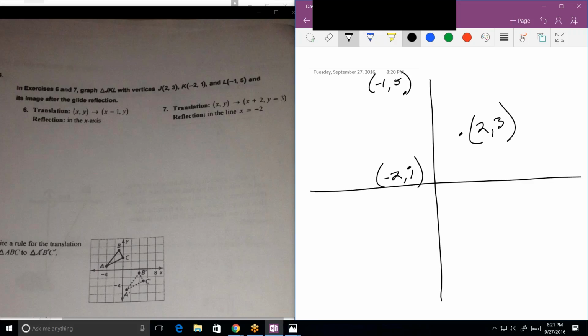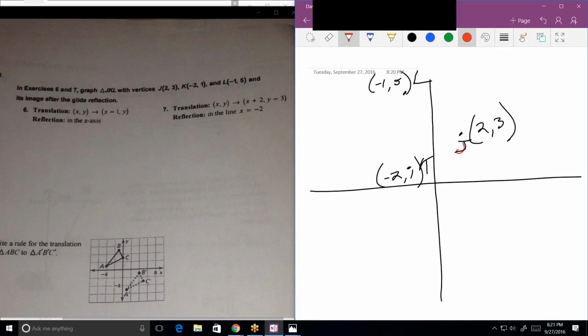Let's do the reflection first, and I'll put that in red again. This is J, this is K, and this is L.